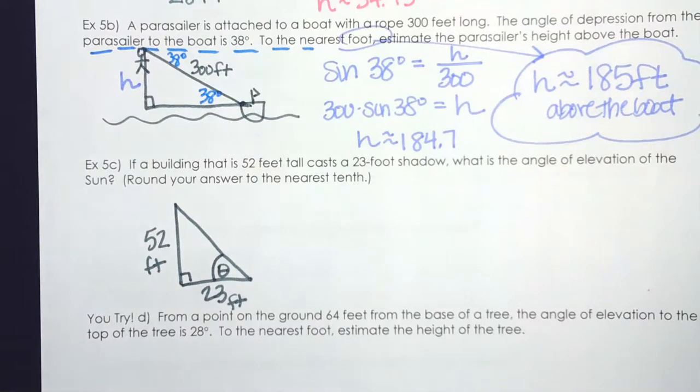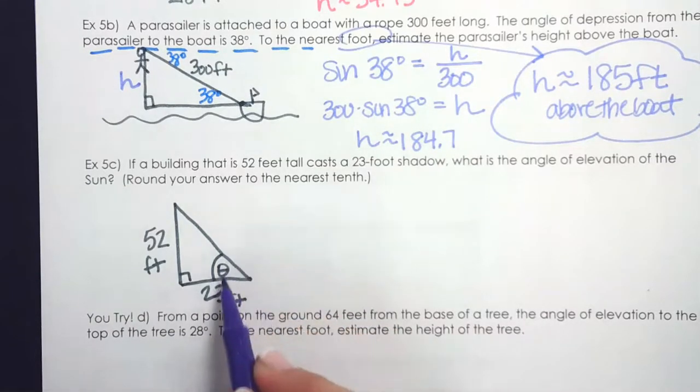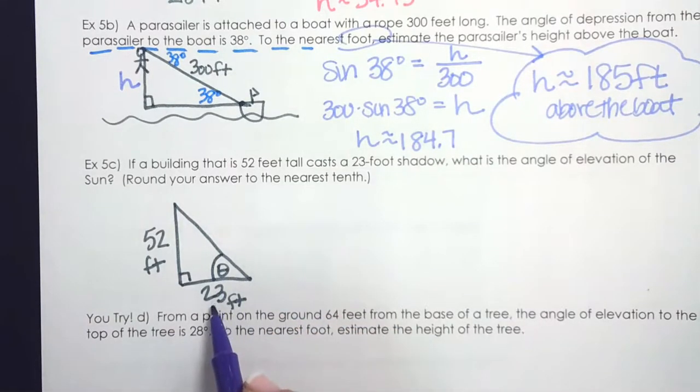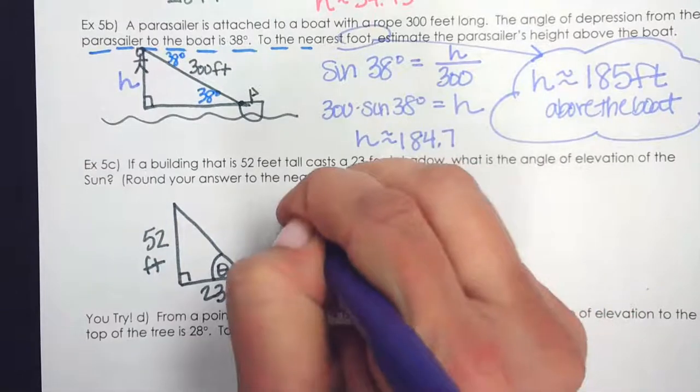So if we were to set up a trig ratio based on what we have, what do you think that we should use in this problem? We have 23, which is the adjacent, 52, which is the opposite. So what does adjacent and opposite use? Tangent.